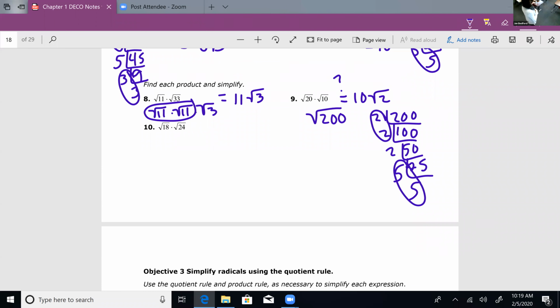Now, number 10 looks a little sneaky to me, because I can't just factor 18 and get 24 times something, and I can't factor 24 into 18 times something. So what would I maybe need to think about doing? Say again? Okay, when you say reduce, tell me what you mean.